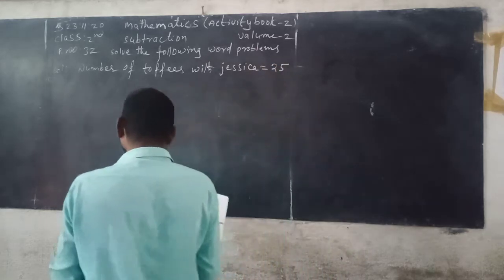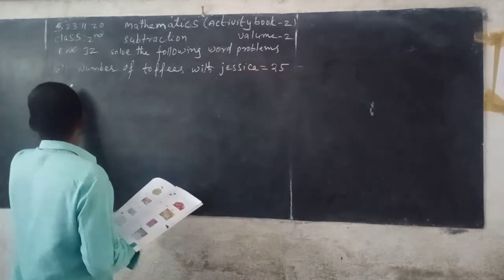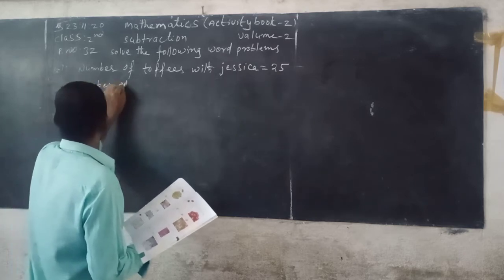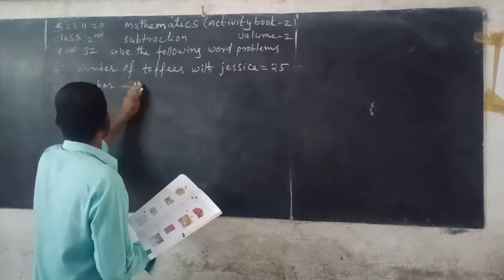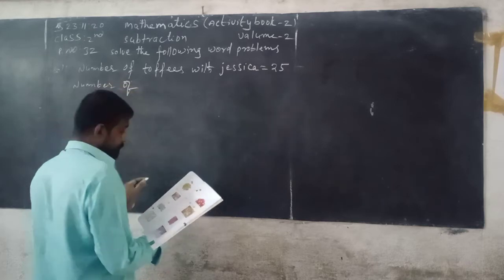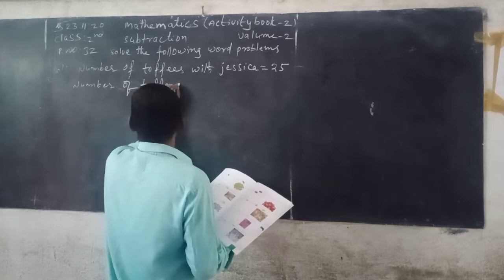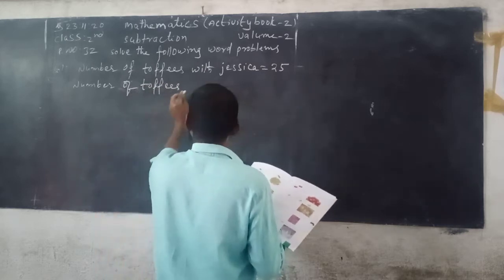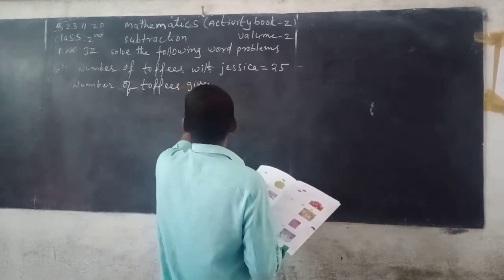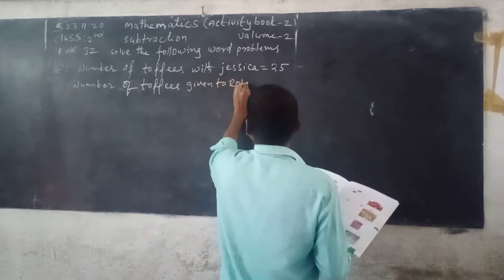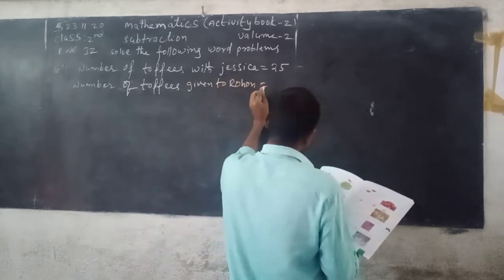Next, number of toffees given to Rohan, that is equals to 10.